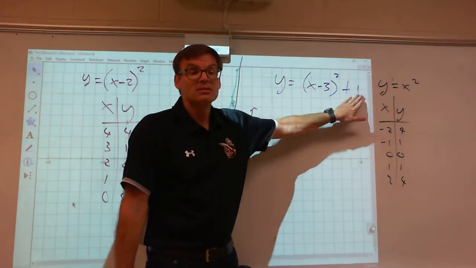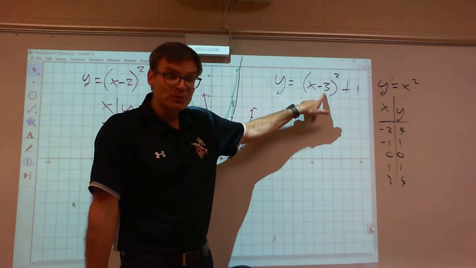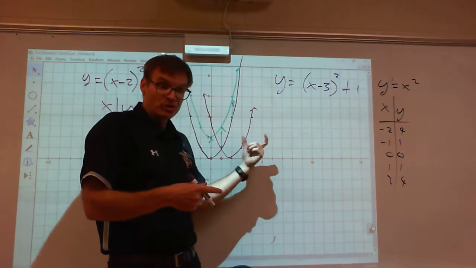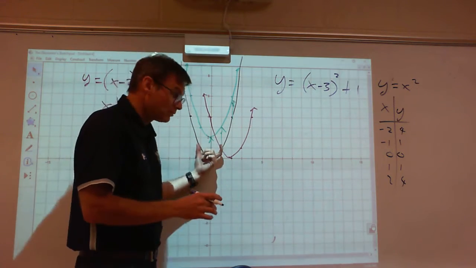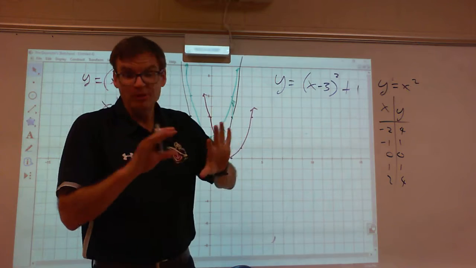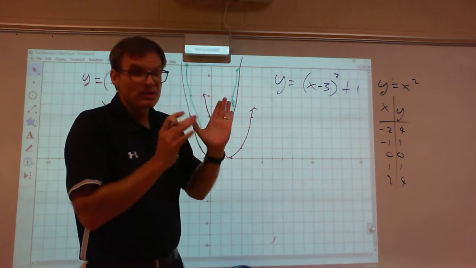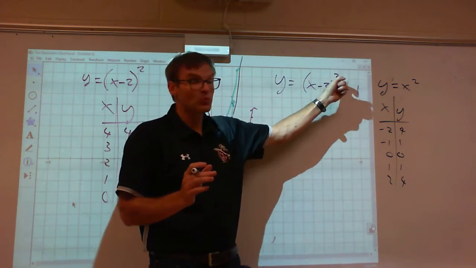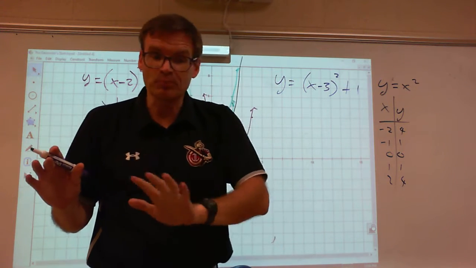That plus 1 says we're going to take our parabola and shift it up 1. And that minus 3, because it's opposite, right, it says I'm going to move it 3 to the right. And so I want everyone to draw a parabola. It doesn't have to be perfect, all right? I don't care if the shape's right or anything else. I just care that you take a parabola, and if you see x minus 3 squared plus 1, I want you to draw that on your paper somewhere, computer or whatever.